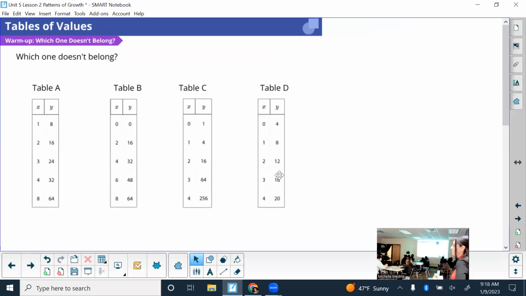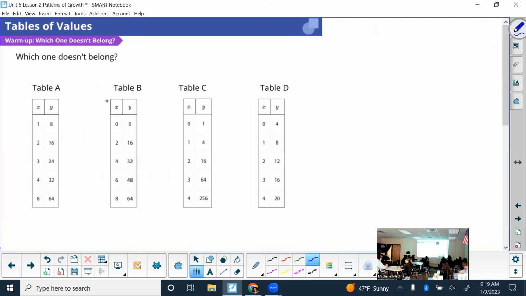All right, so now back to the warm-up. You did not have to agree with your table mates. So I assigned a reporter for when we get to it later. But just for right now, if you picked table A as the one that didn't belong, raise your hand. Okay, Julian, why'd you say that table A didn't belong?